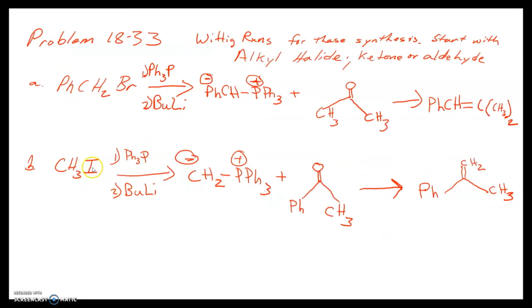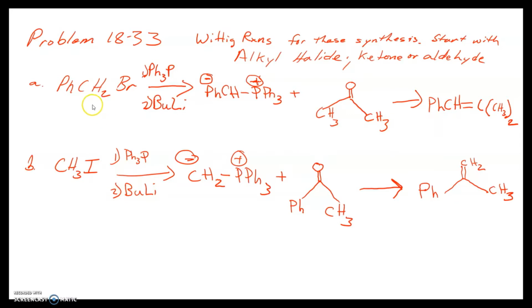In these two problems, we are learning how to make alkene from aldehyde and ketone using Wittig reactions. What we are really interested in here is to see in what order we need to add the reagents that are needed in order for the reaction to happen.